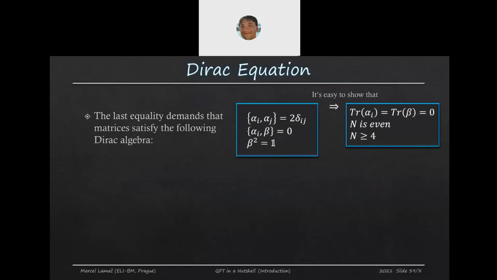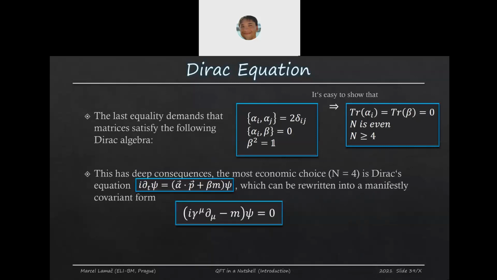So this we proved, and this has deep consequences, because if we do the most economic choice, n equal to 4, which is just what we've written, our assumption. Right now we know that the representations of these elements of this algebra, which are some matrices, satisfy these conditions, which lead to these properties, and we can simply rewrite this equation into a manifestly covariant form, where we just define new matrices.